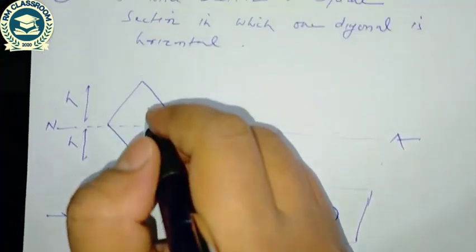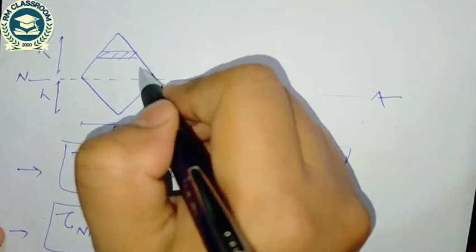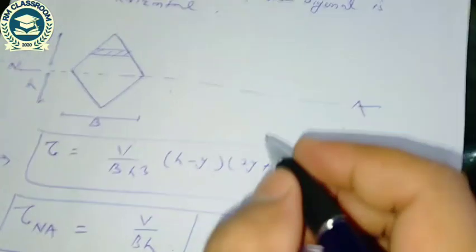So if this is h, if I take this section, so at a distance of h by 4 it is coming.